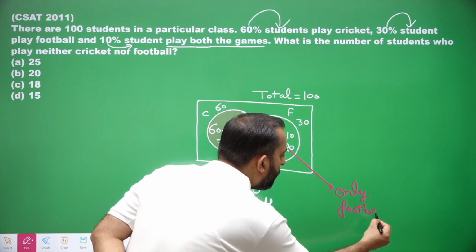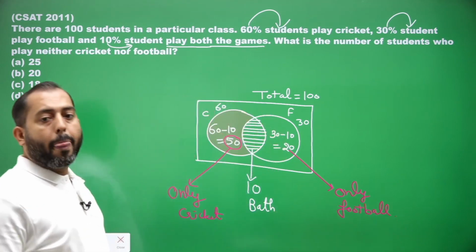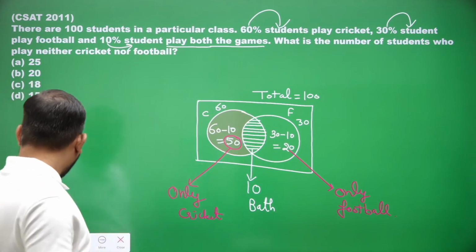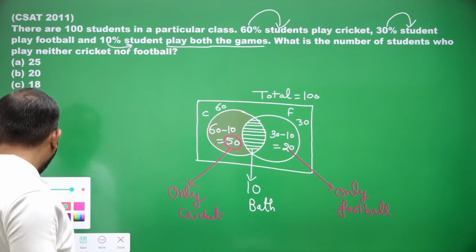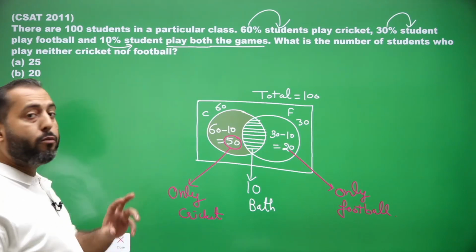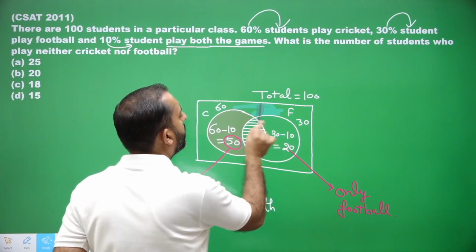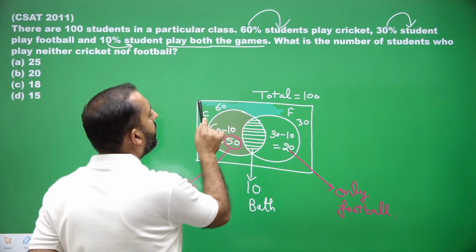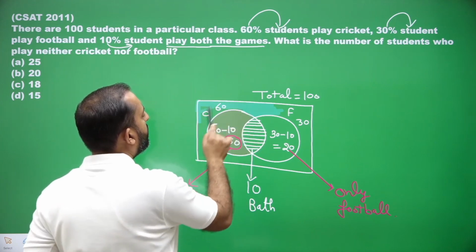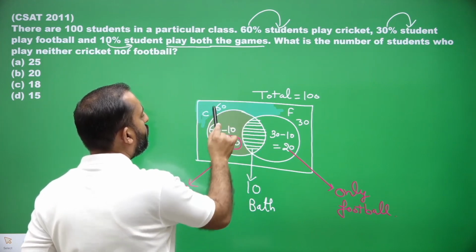Now, apart from this, in the universe, in the rectangle, we are left with one more region, the region that is outside these two circles.